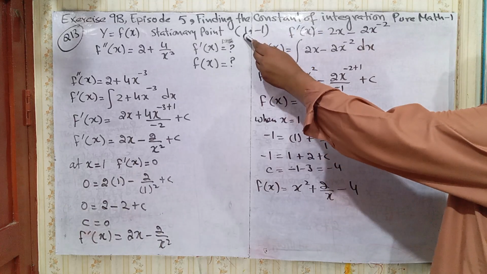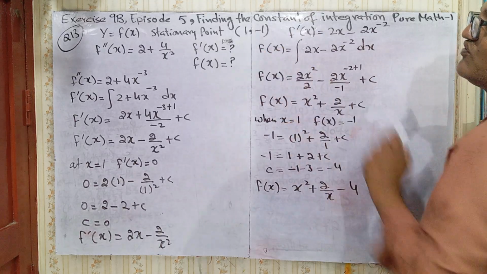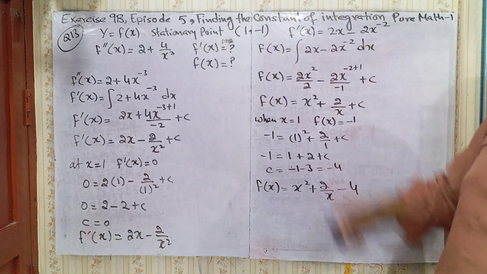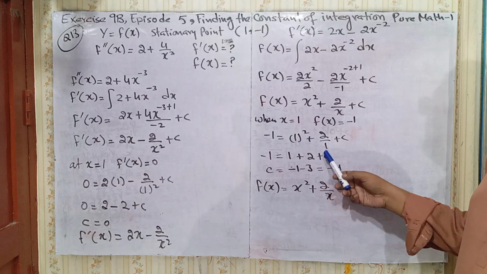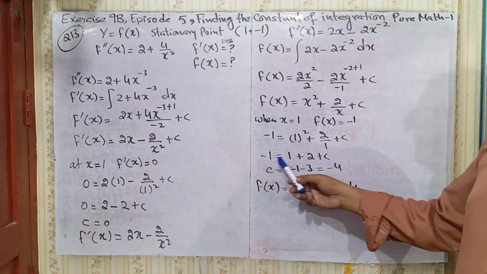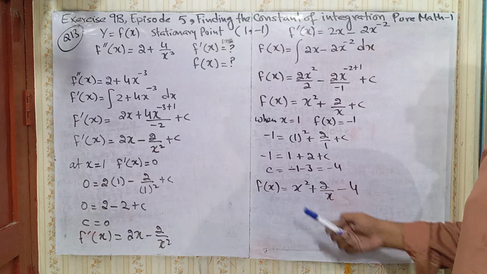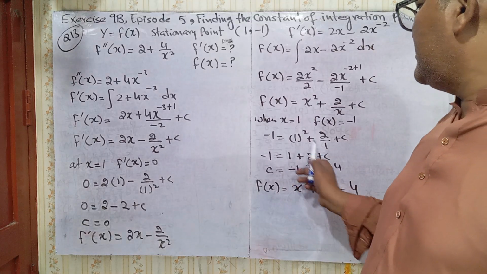So I know that this point is on the curve. In place of x, I will put 1, and in place of y, or f of x, I will put minus 1. So minus 1 equals 1 square plus 2 by 1 plus c. So minus 1 equals 1 plus 2 plus c. I will take this to the other side.